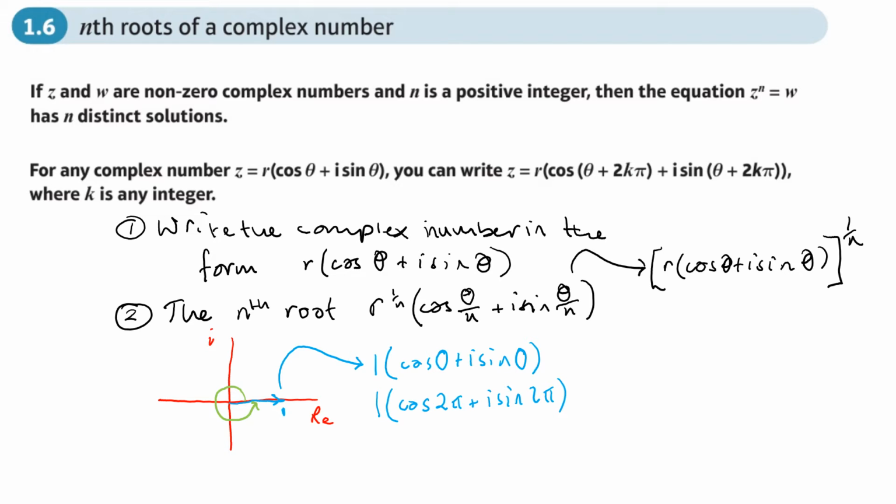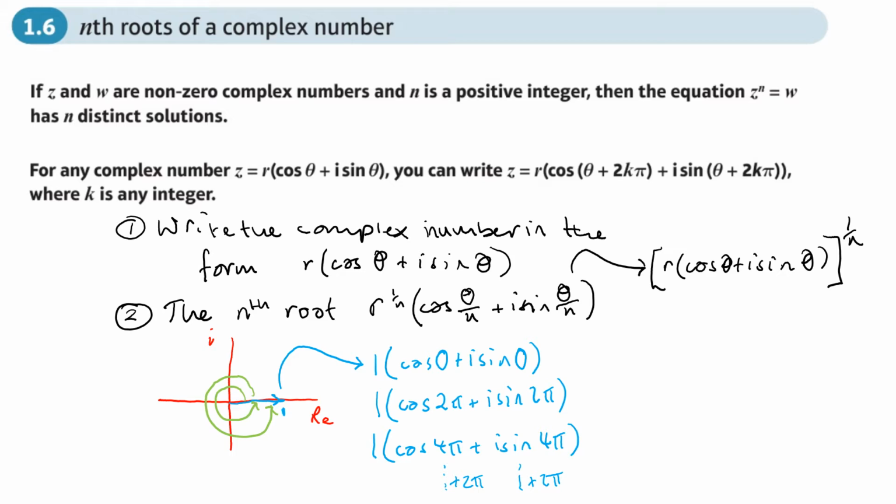It's the same complex number, just an unconventional way of writing it. I could go around again and write it as 1 cos 4 pi plus i sin 4 pi. In fact, I could keep adding multiples of 2 pi, and it would represent the same complex number.